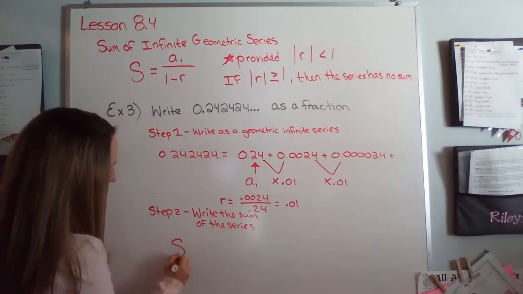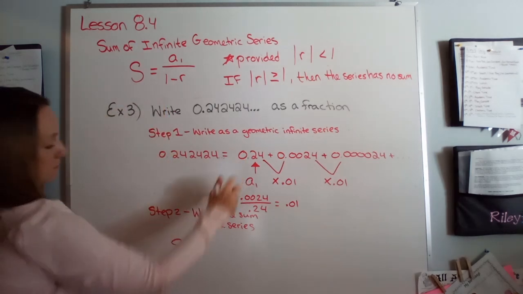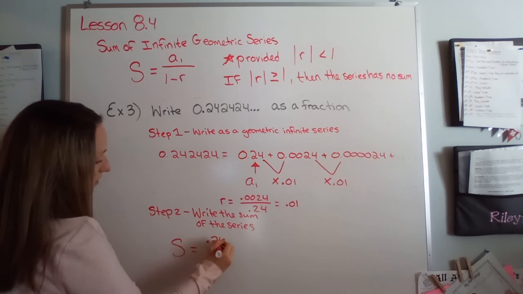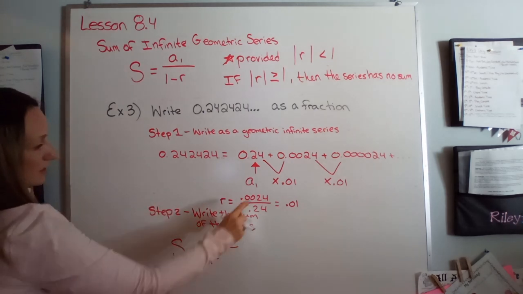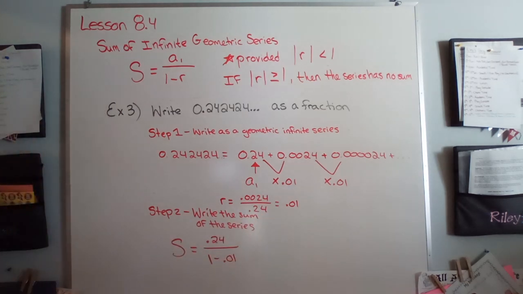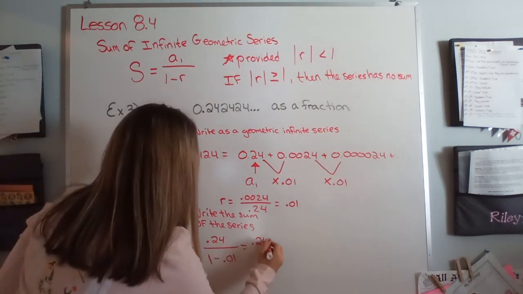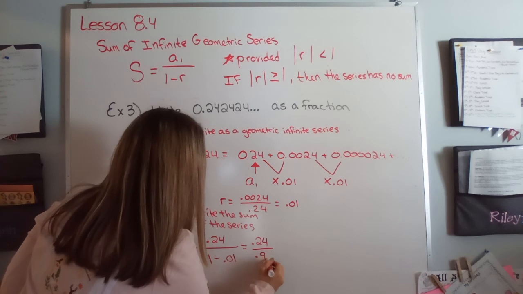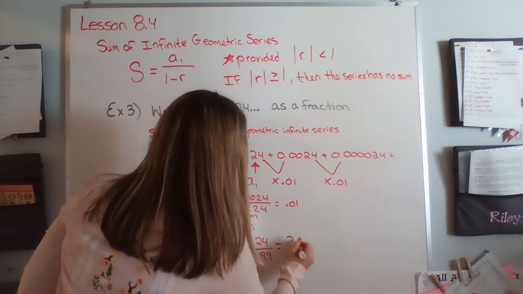So the sum is equal to, and I left it up here, the first term, 0.24, over 1 minus the R value of 0.01. So that's going to be 0.24 over 0.99, which you can make into 24 over 99.